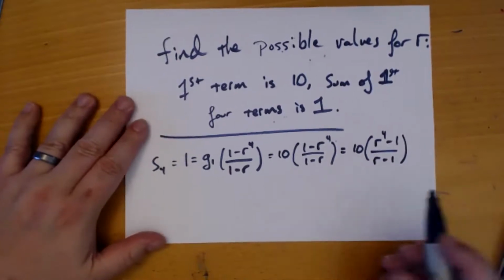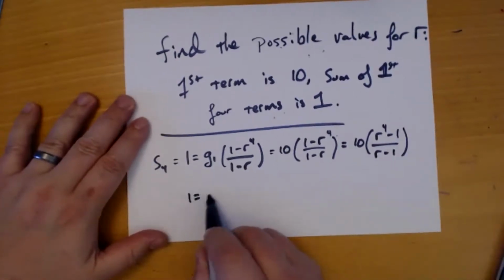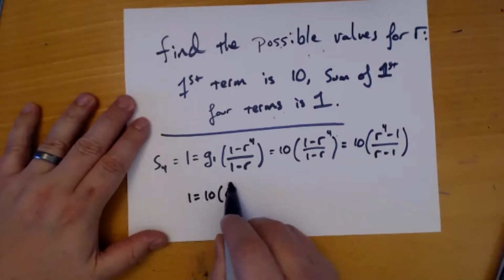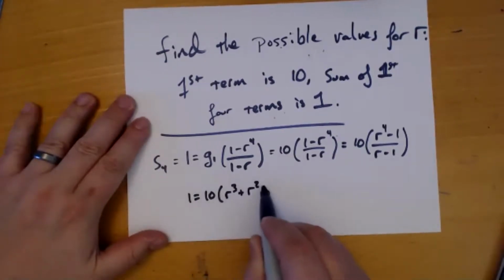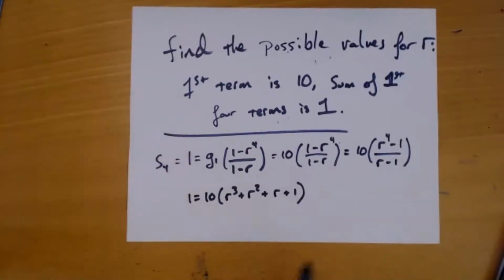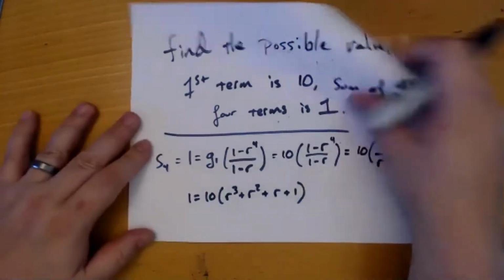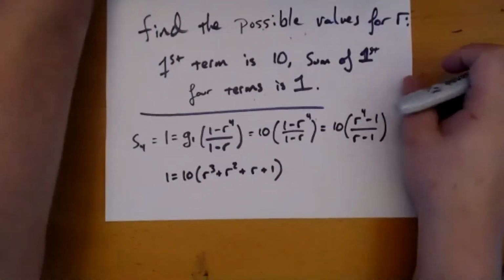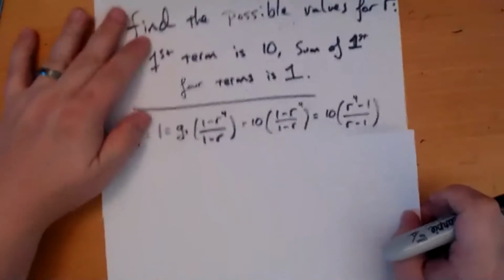And now we divide them and you wind up with this polynomial. You can do synthetic division, or you can do long division, however you please. Or you can factor it. That's what I actually did.